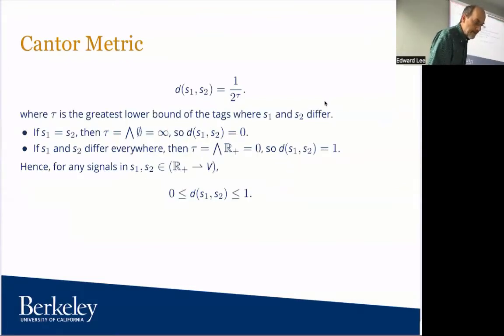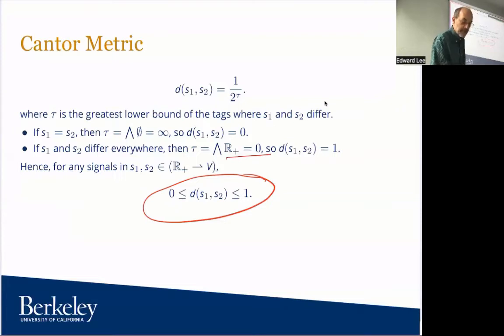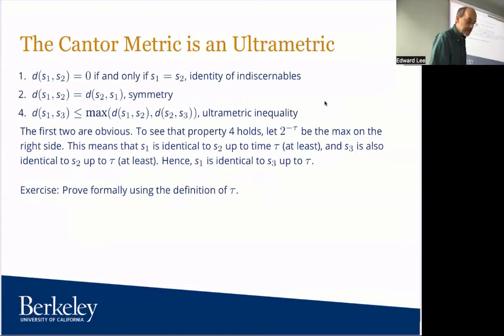Yeah. So this is just this result that I already established, which is that if we restrict ourselves to the non-negative times, then we always end up with a distance between 0 and 1. This is simply a demonstration, I guess, that this is an ultrametric. Okay.